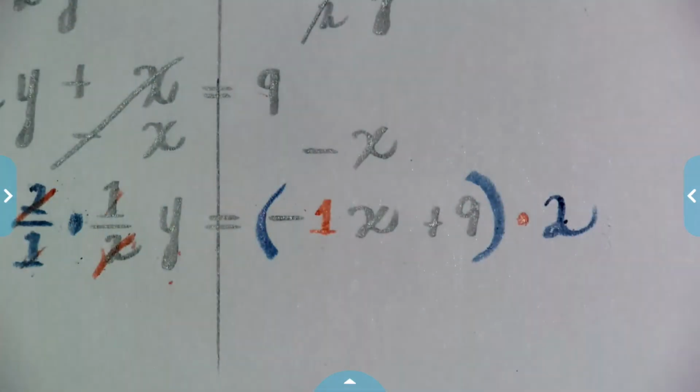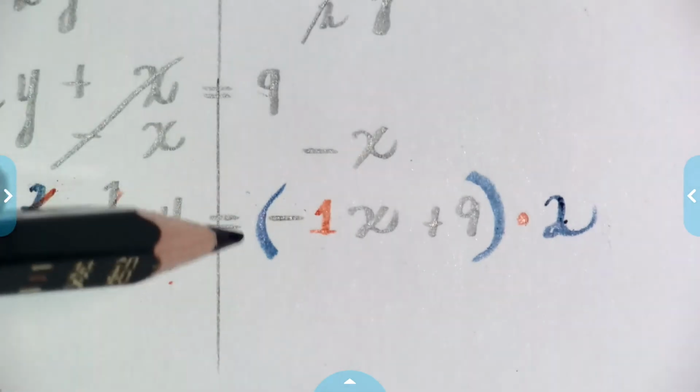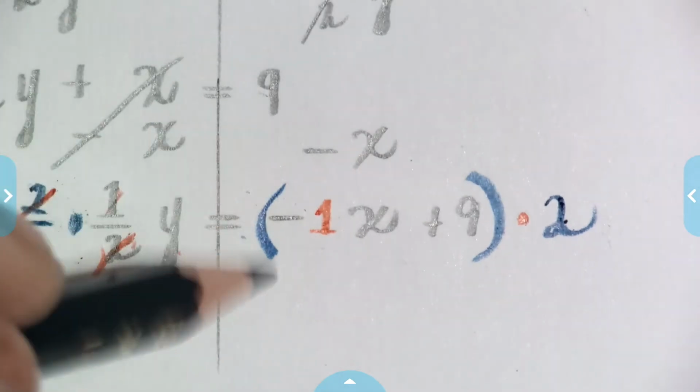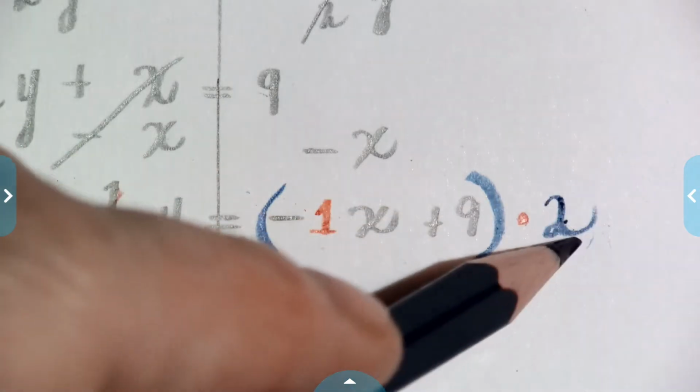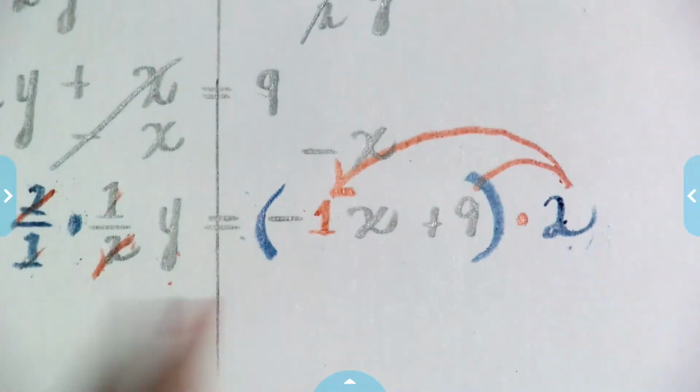And now we have to distribute. Usually when we do the distributive property, the 2 would go up front, but the way that we wrote the problem, the 2 ended up over here. It's okay, we can do it in reverse. It's the same thing. We're going to multiply 2 times negative 1x, and 2 times 9.